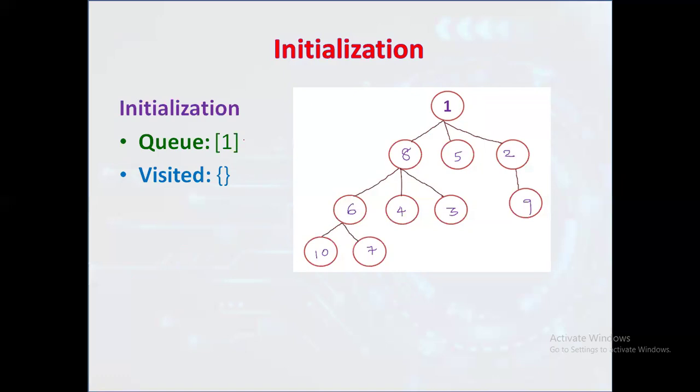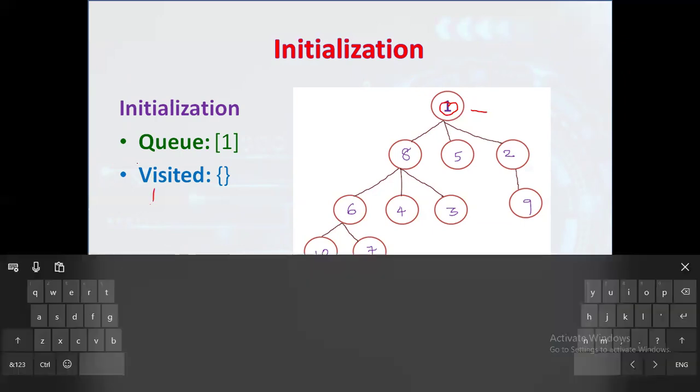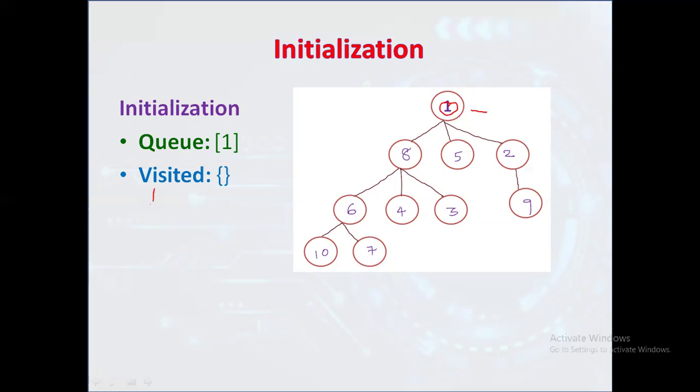So in the queue, we put the first node, node one, and we have to visit it. As far as this node is considered, the visited thing is only node one. Before that, the visited list is null, empty.